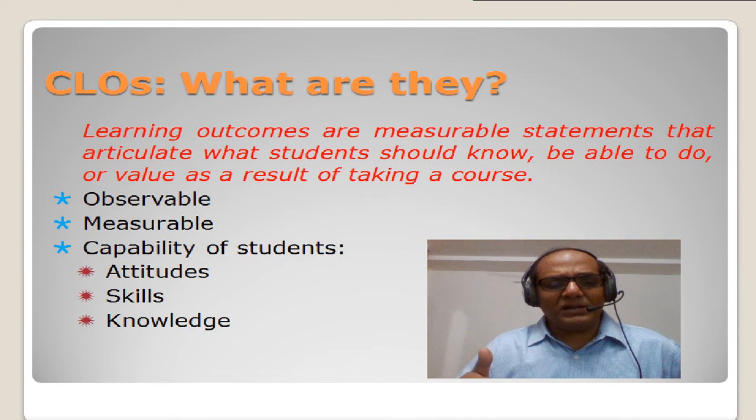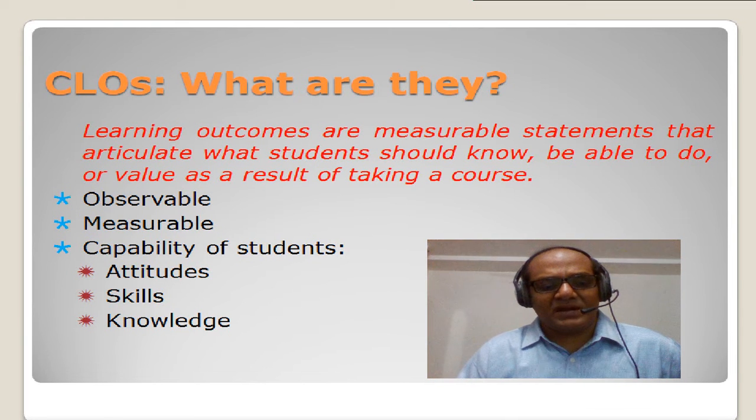Basically, the learning outcomes focus solely on the capability of students. It is not how well we are teaching, not what facilities we have, not what method we are using to teach. All those are needed to impart the learning outcomes into the students.